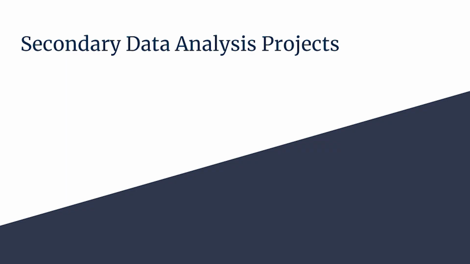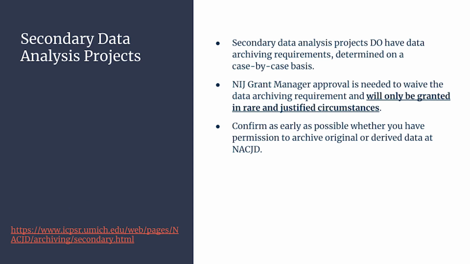Now we'll turn to an overview of projects analyzing existing data or secondary data analysis projects. If your project involves the analysis of existing data, please note that you do have archiving requirements. All of the documentation listed on the required material slide presented earlier should still be submitted to NACJD. In rare and justified circumstances, an exception may be made to the requirement for submission of data.